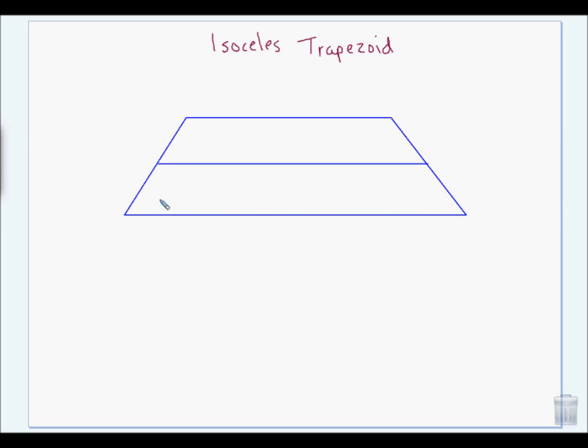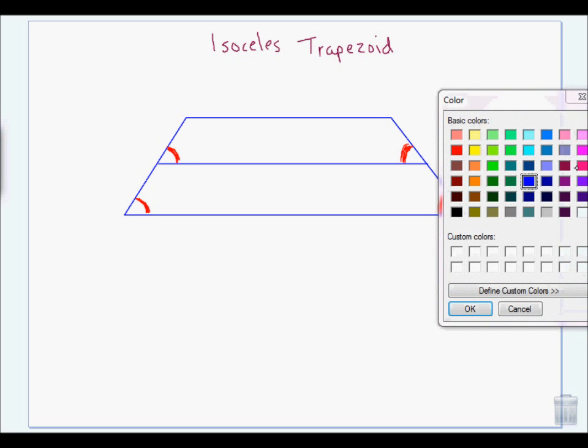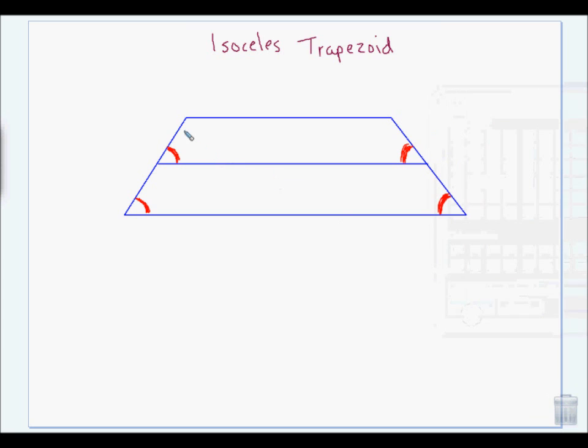Then these angles are all congruent if it's isosceles. And these angles are all congruent.